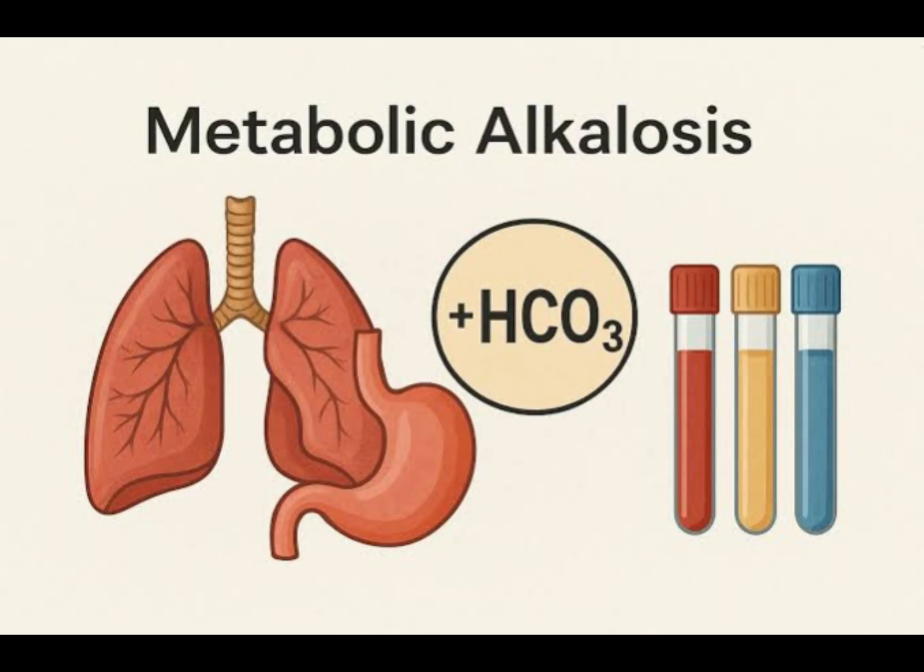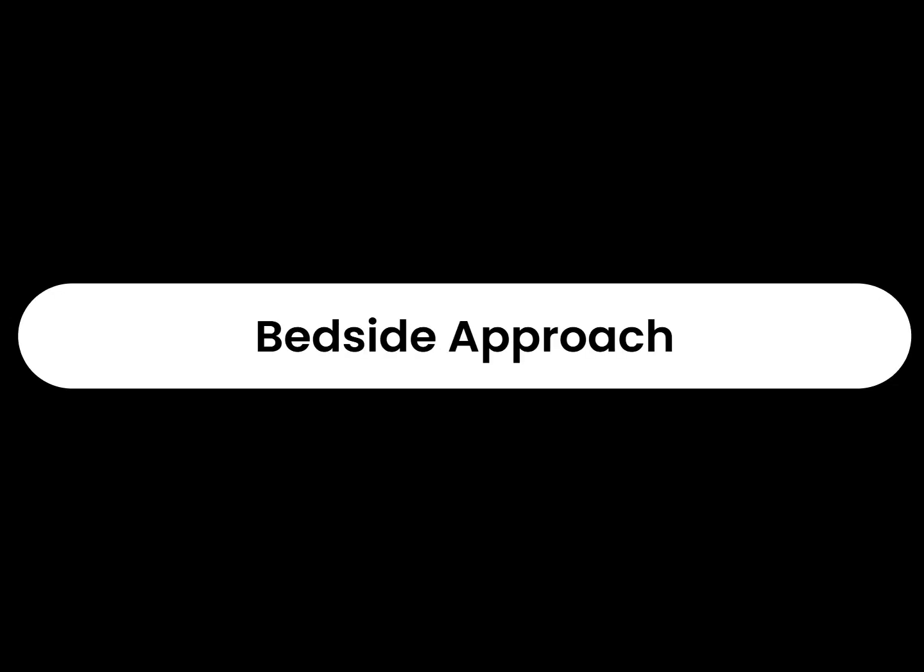But severe alkalosis can impair oxygen delivery, reduce cerebral blood flow, precipitate arrhythmias, prolong mechanical ventilation, and increase mortality. In today's video, we'll discuss the pathophysiology, causes, diagnosis, and a practical bedside approach to metabolic alkalosis.